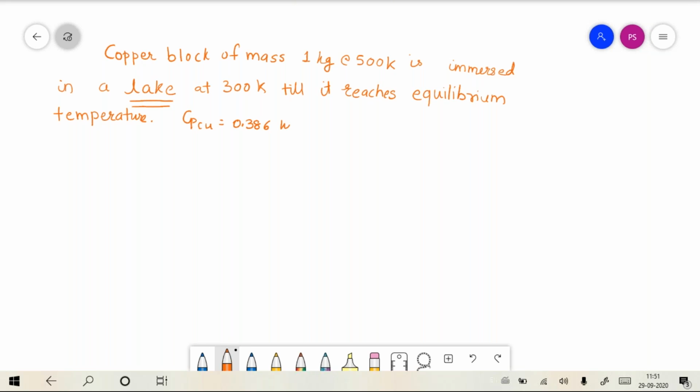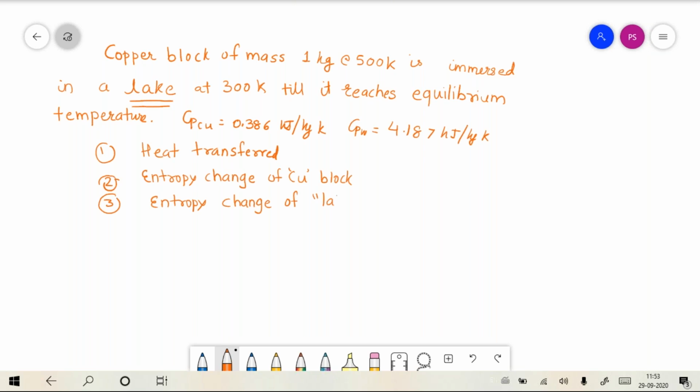Second, you are required to find the entropy change of the copper block, and third is the entropy change of the lake.